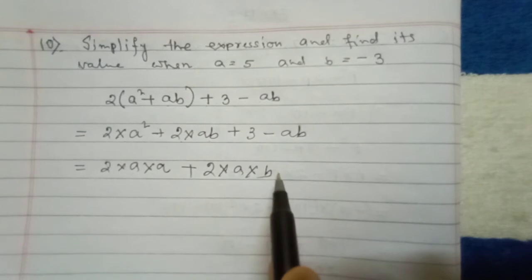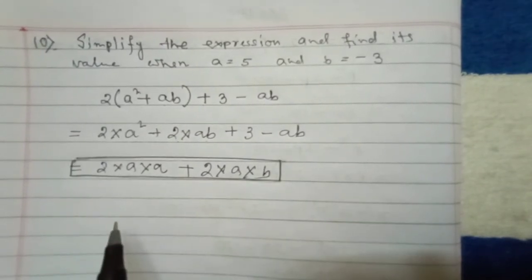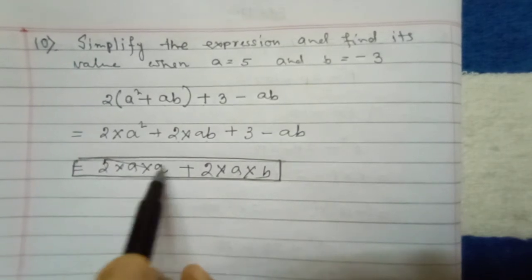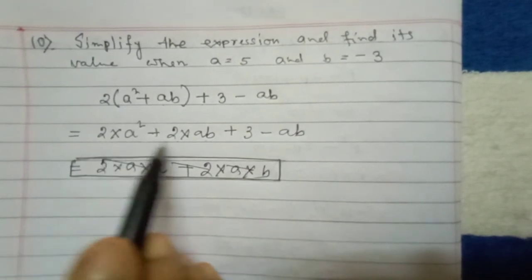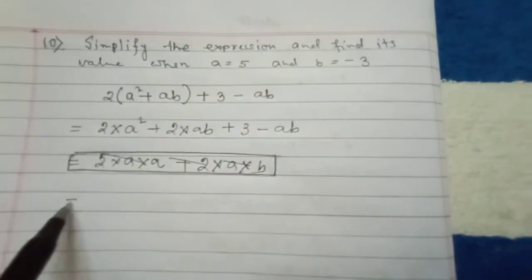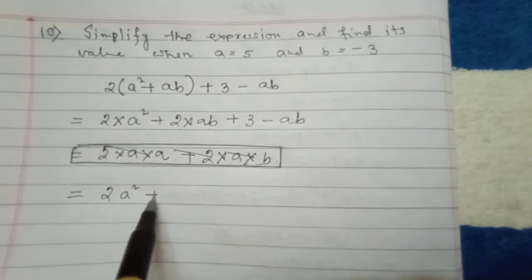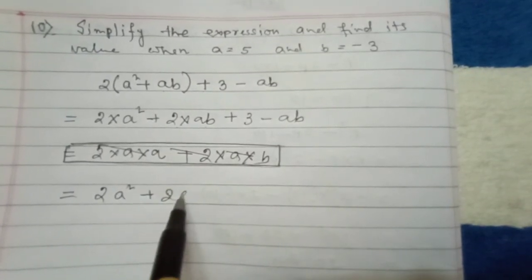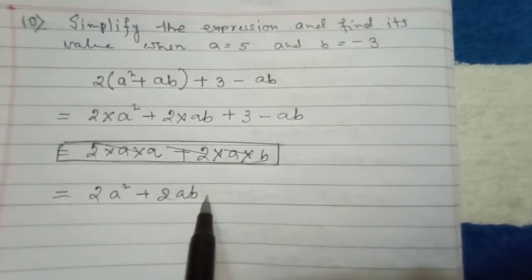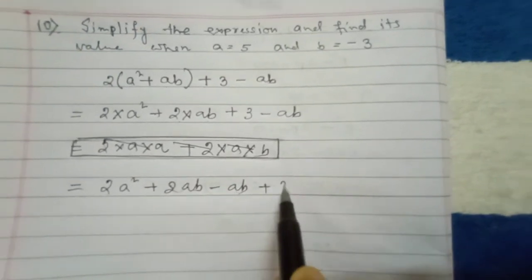Oh sorry, we have to simplify also. We will do that afterwards. First we have to arrange them according to their like terms. Now 2a square plus 2ab, then minus ab, ab are like terms, plus 3.